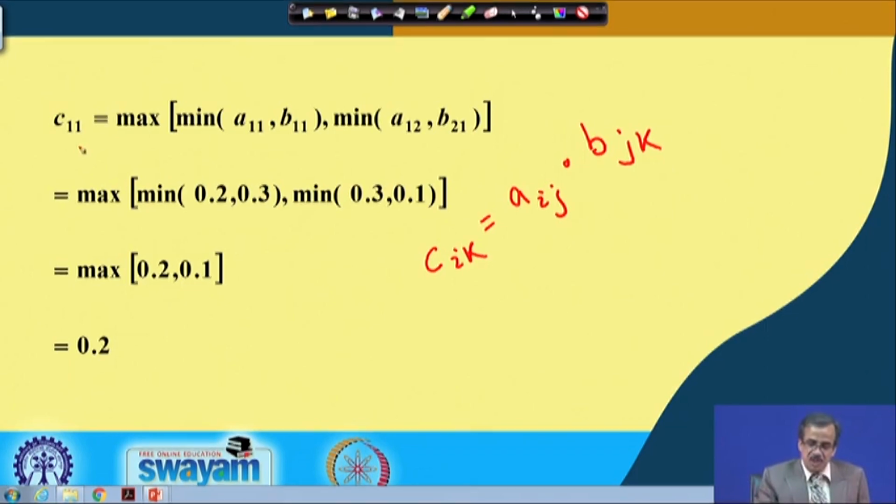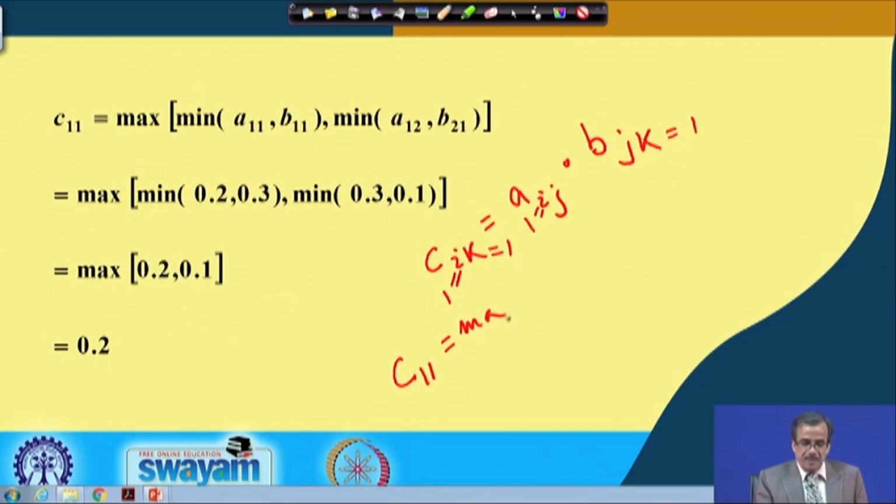To determine this C11, I will have to put i equals 1 and k equals 1, and j will vary from 1 to 2.